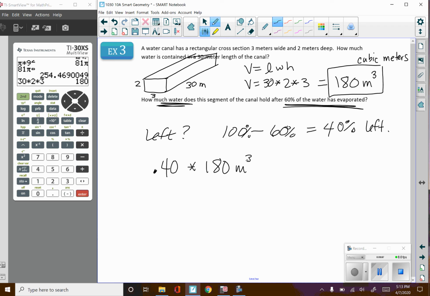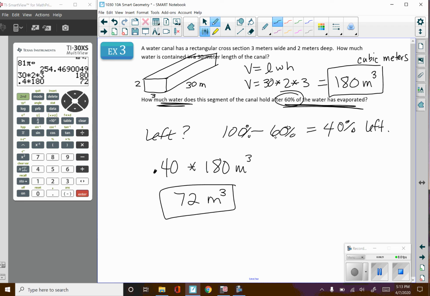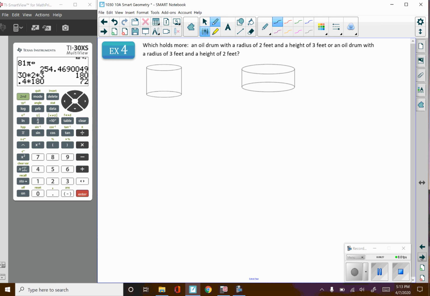We only have 40% left, so we multiply it. 40% of 180 is 72 cubic meters. So again, a lot of times you don't use that percentage directly. You use its complement, I guess.